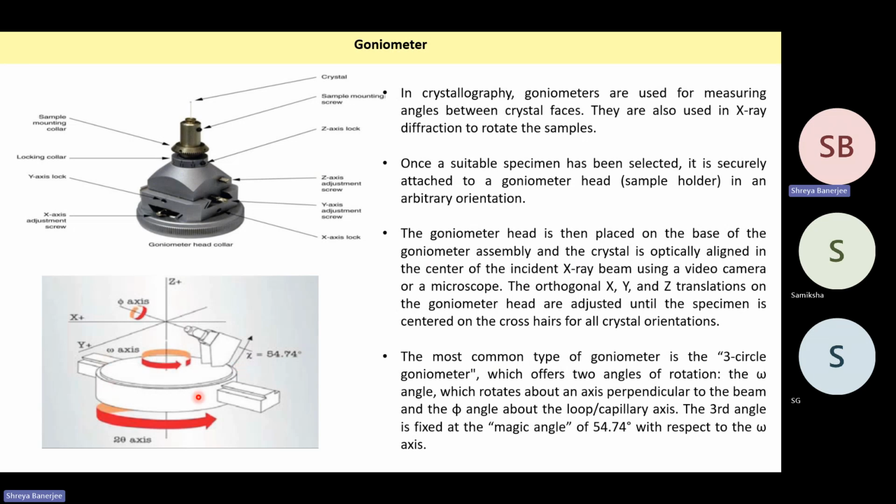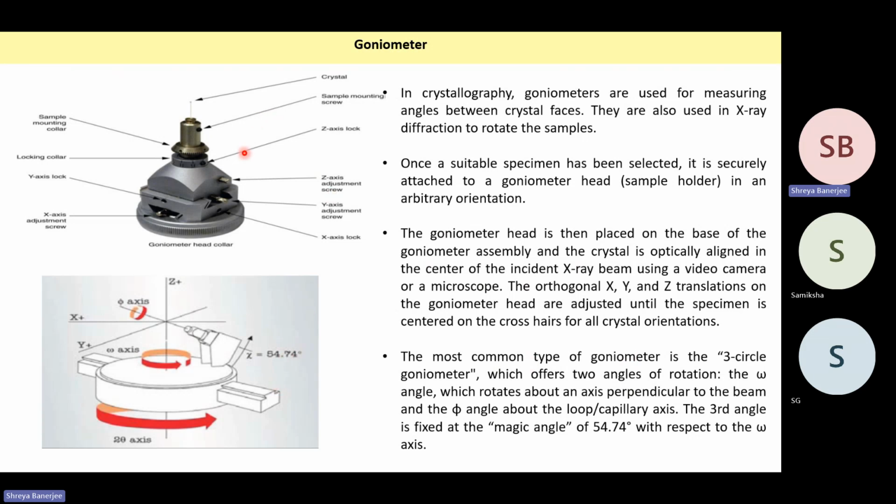So from this plane, the angle that the goniometer is forming, that is called your magic angle, which has been optimized. Again, we will see why we get this value in the next class. For now, I'm just saying that it has been optimized that if the goniometer is placed at an angle of 54.74 degrees with respect to this plane, then we get the best resolution of the crystal.